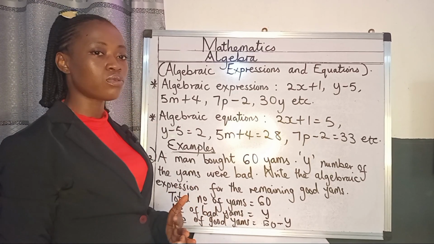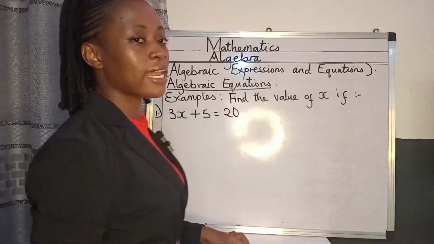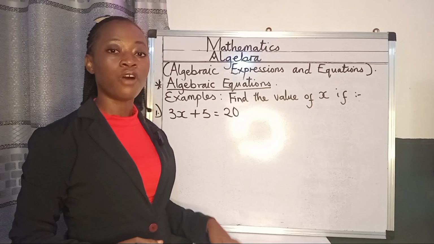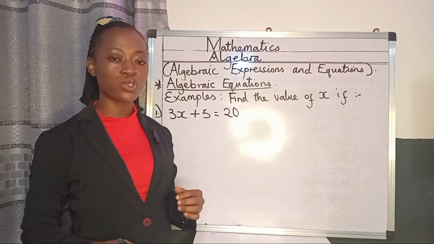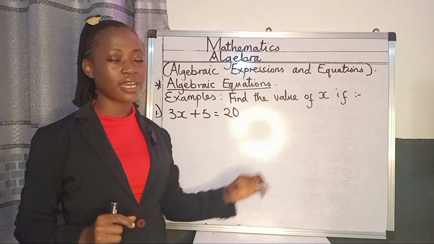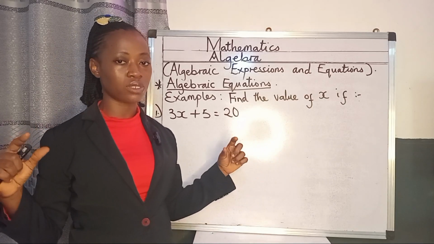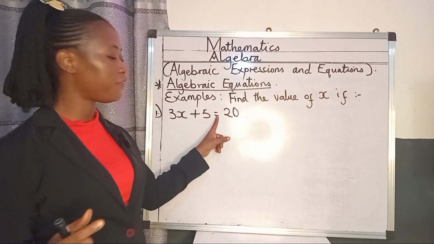Now let's go into questions involving algebraic equations. Okay, class, for an algebraic equation, like I mentioned earlier, an equation is simply telling you that two algebraic expressions are equal in value. So in an equation, you have the sign of equality.